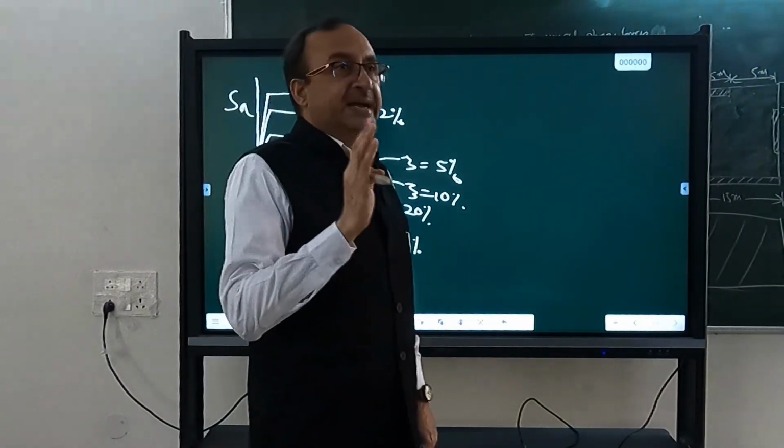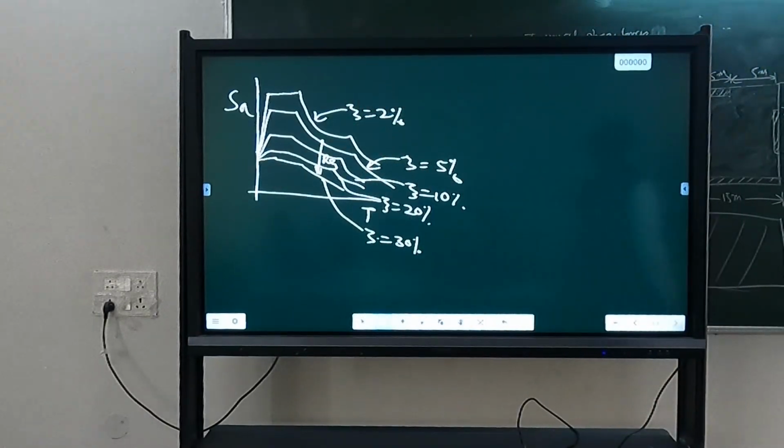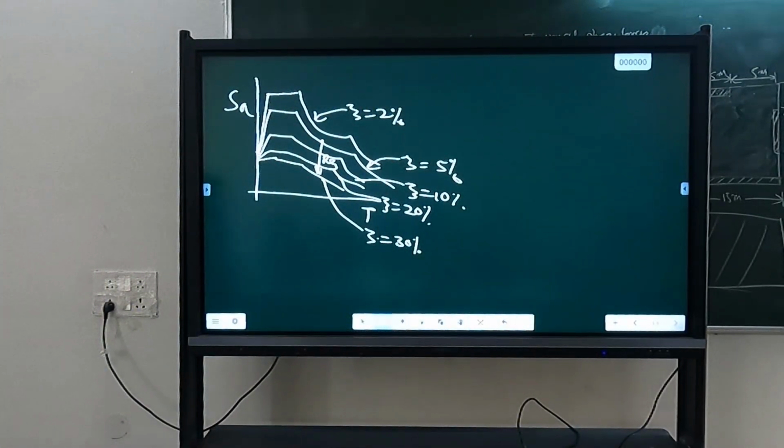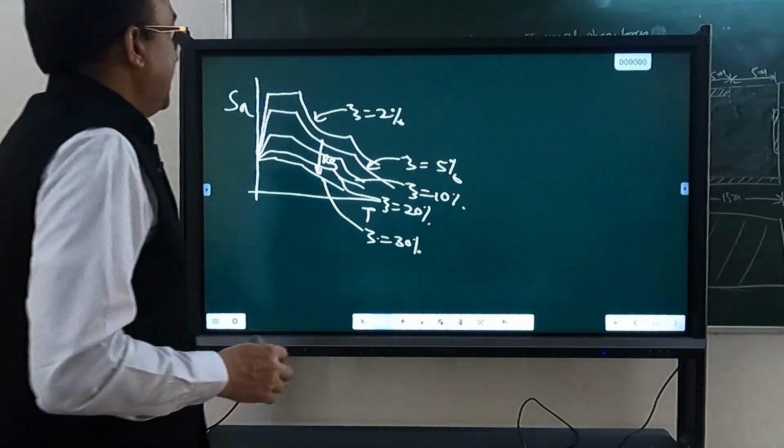In IS 1893 Part 4, a table is there. Earlier that table was there in Part 1 also, in 1984 or even 2002, where you can convert the response spectrum given at 5% damping. The code gives it at 5% damping, but if you need it at any other damping, you can multiply by a factor, the damping modification factor, R psi.